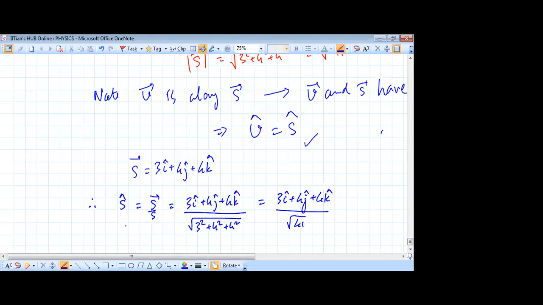So this is the unit vector along the displacement, or you can say it is along the line AB.